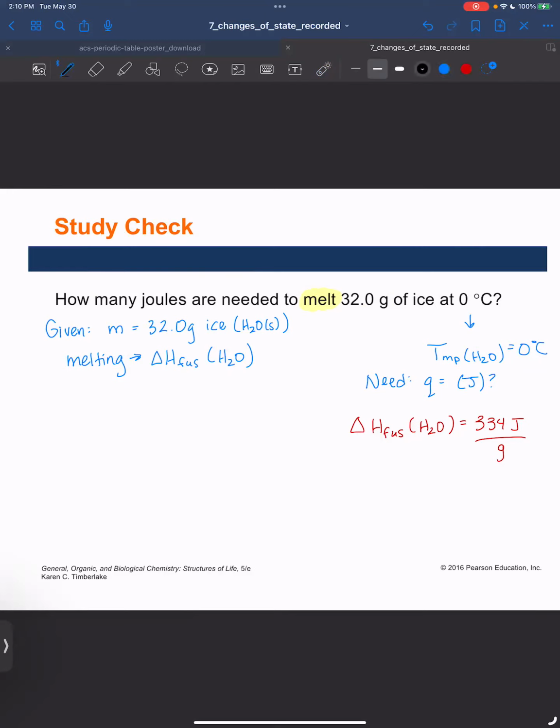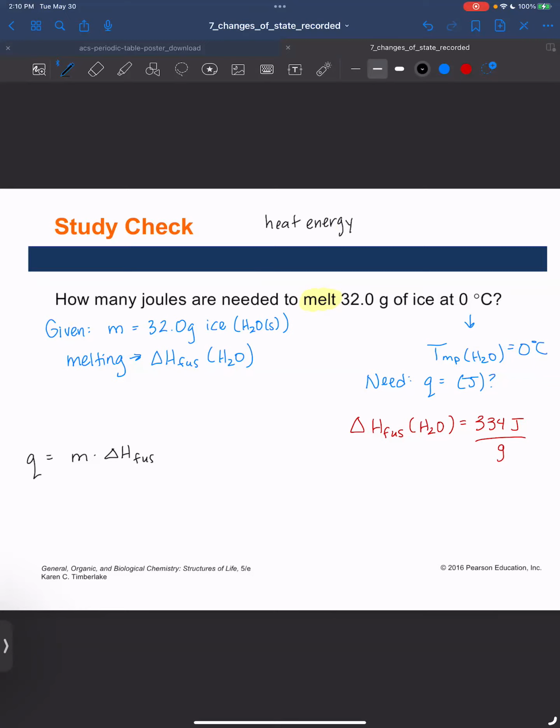So when we solve this problem, Q is equal to the mass of the substance times the enthalpy of fusion of the substance, or the heat of fusion. You've been hearing me interchangeably use the words heat energy and enthalpy.